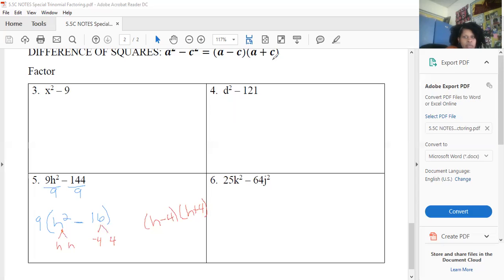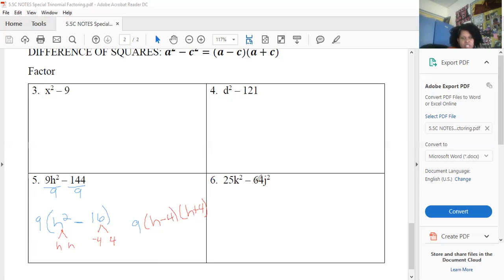And then I cannot forget my GCF of 9 that goes at the front. A mistake that I made is that anytime you factor anything, you want to look at the terms to see if they have a GCF, and take out the GCF before you use other methods.